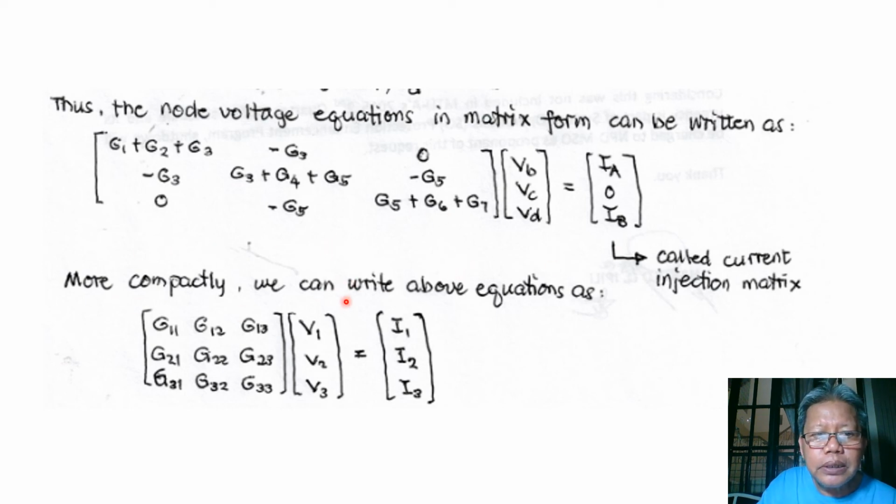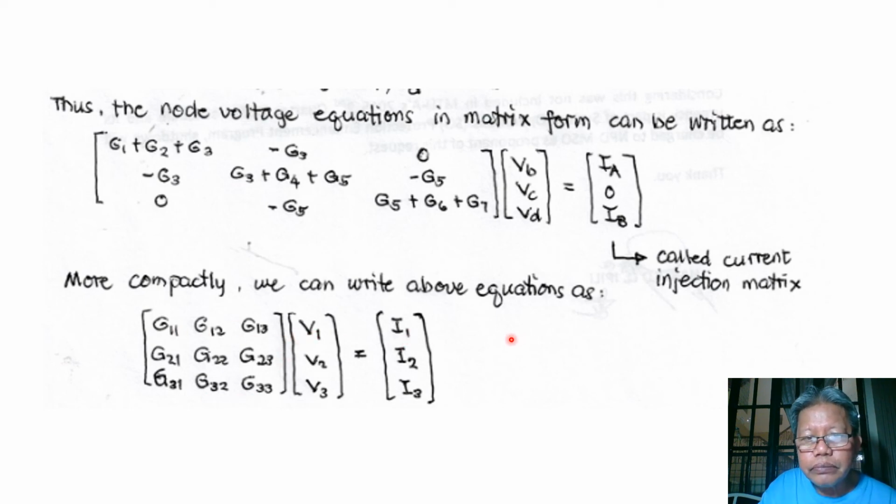So in general, our node equations can be written as this. We have a set of node voltages, which we just call V1, V2, V3, and so on. And then we have the coefficient matrix, which we just call G11, G12, G13, and we have G21, G22, G23, and G31, G32, and G33.